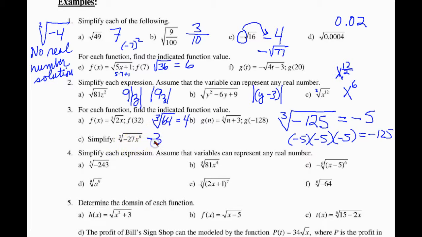Negative 3. Now again, take the index number, divide it into your exponent, and you get x to the second. Again, we'll be doing that in the next section, but it's a useful tool.